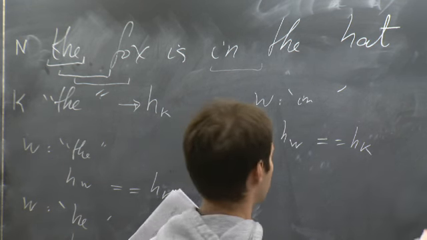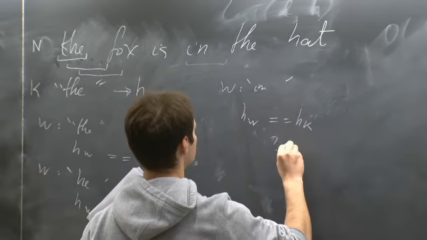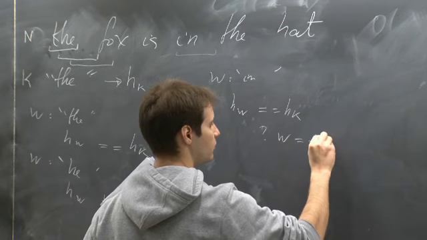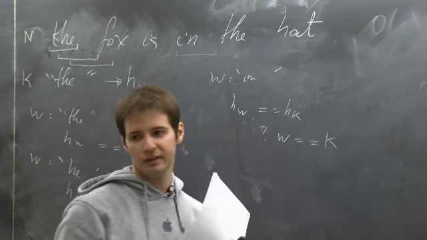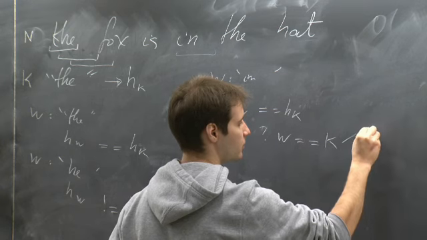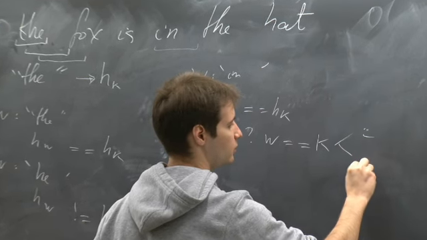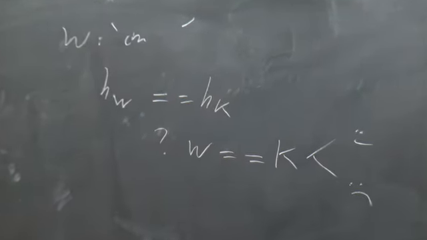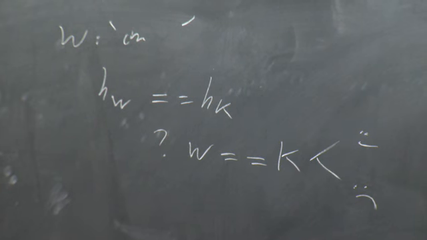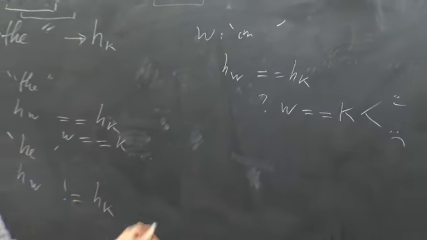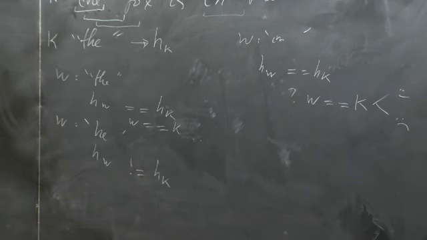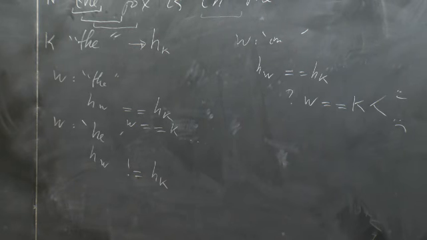Very good. We have to check if the string inside the window is the same as the string inside the key. And if it is, we found a match. If it isn't, we keep working, right? And we have to do the same thing here. So this is our string matching algorithm.